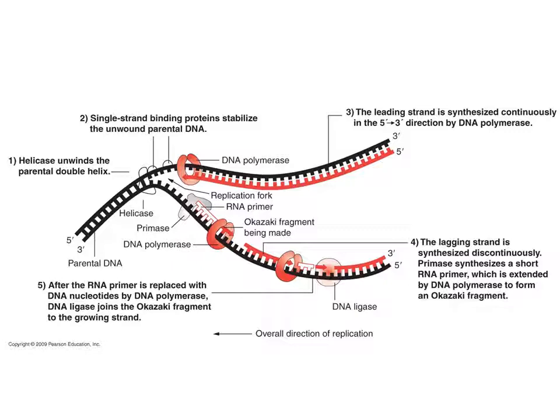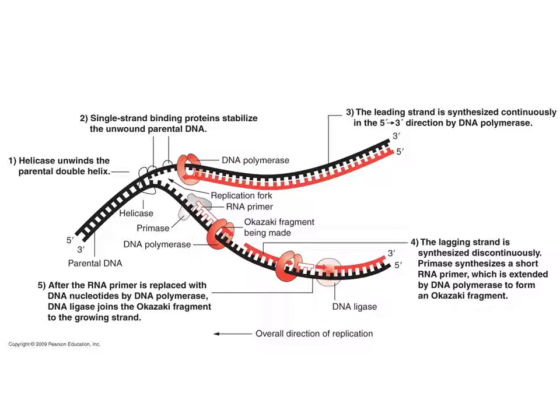So on the leading strand of DNA, DNA polymerase is now able to come along and synthesize DNA in the 5' to 3' direction and does not have any issues. However, on the lagging strand, the DNA synthesis is much more complicated.